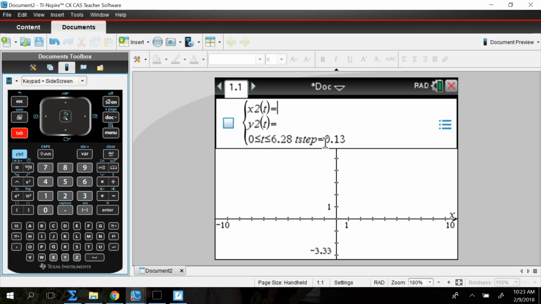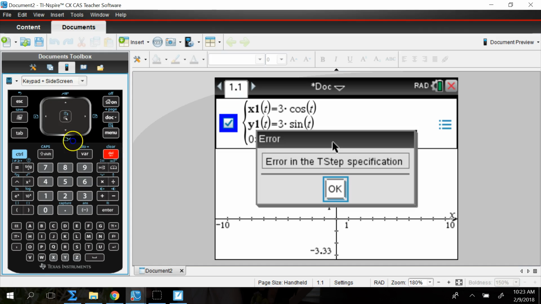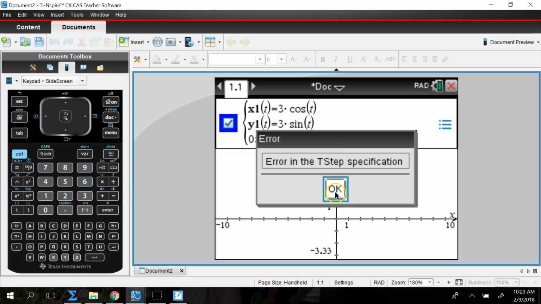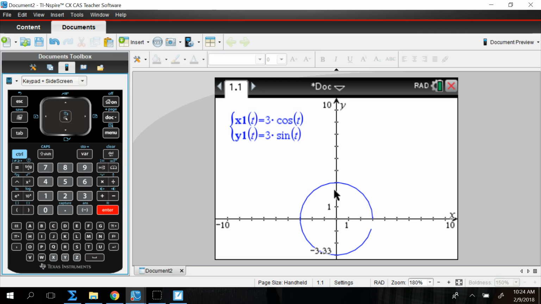Okay? So let's bring it down where it calculates it a little bit more. T-step of 1. Okay? Not as smooth of a curve, right?